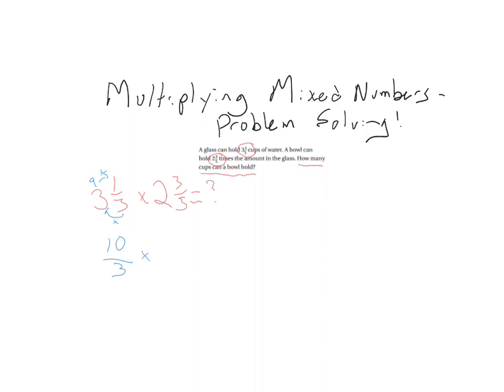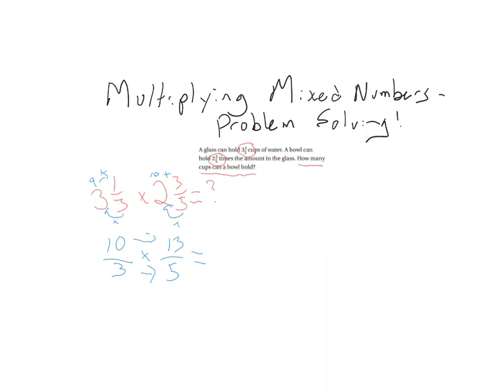Okay, then I need to do the same thing to 2 3/5. So 2 times 5 equals 10, and 10 plus 3 equals 13/5.